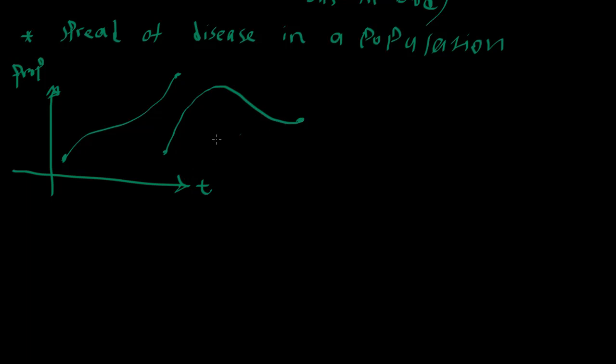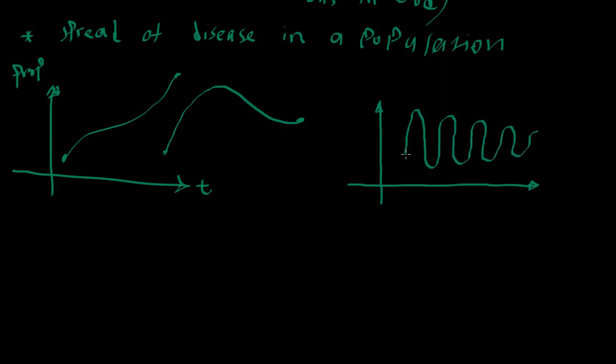It's not monotonic anymore because it's increasing and decreasing, but the idea is that you don't see a lot of oscillation here. Whereas in vibration, we are very interested in studying the motion of a system that is oscillatory. So the motion goes back and forth between different positions, and that's what we mean by separating vibration from dynamical systems.